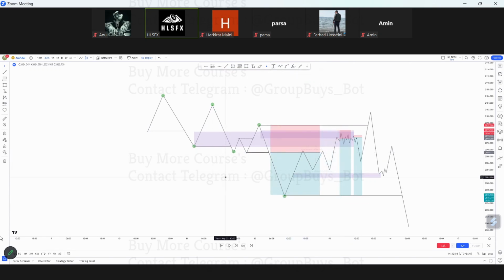Then we have trend line traders. Trend line traders enter at the third touch of the trend line, and they put their stop loss at the previous swing high because people have been taught that the swing point is the safest place to put their stop loss.